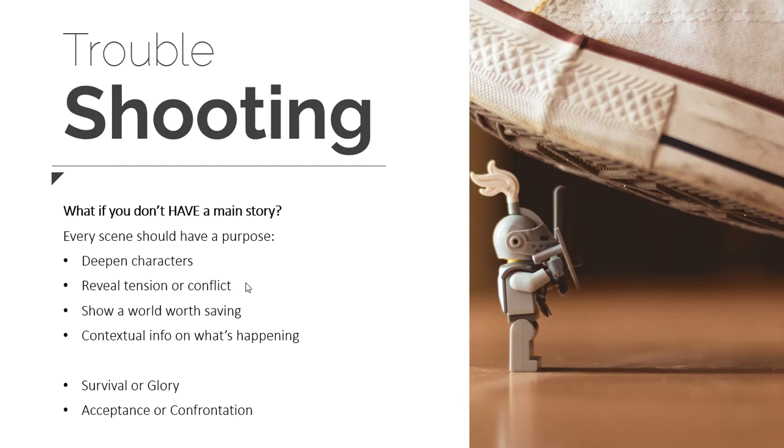Every scene should have increased context about what's going on, which will increase readers' understanding and also the tension, because readers have to understand the stakes and the motivations before they figure out where the tension and the conflict is. And also there can be some kind of nice fun scenes that just show the world that's worth saving. All of these come together because the motivation, like I said, is really important, and that's part of it.